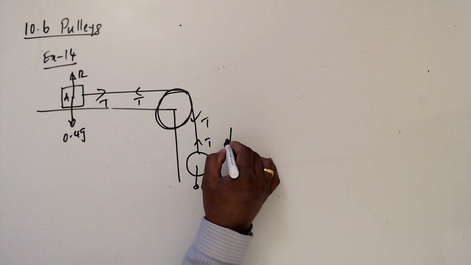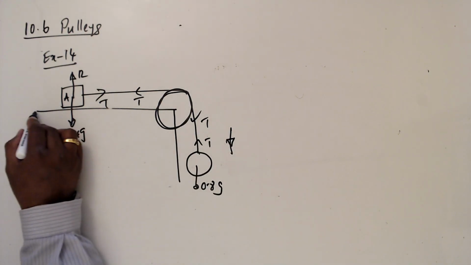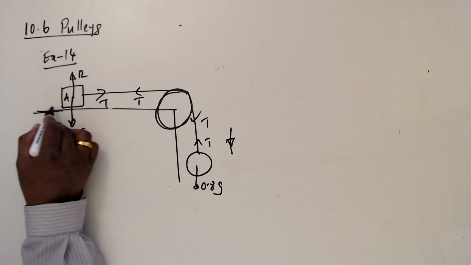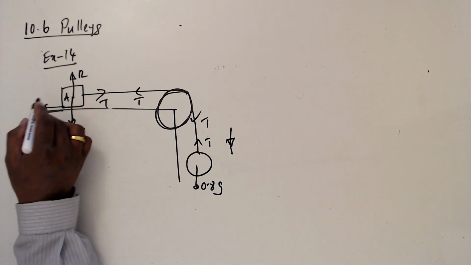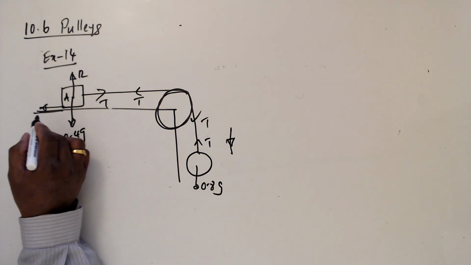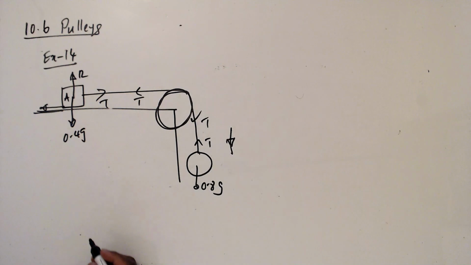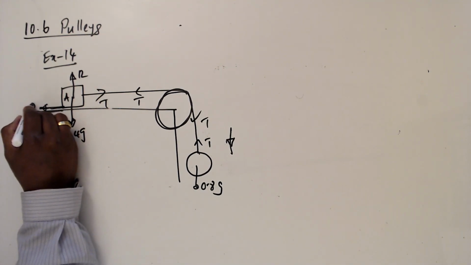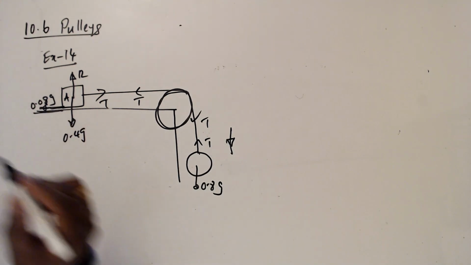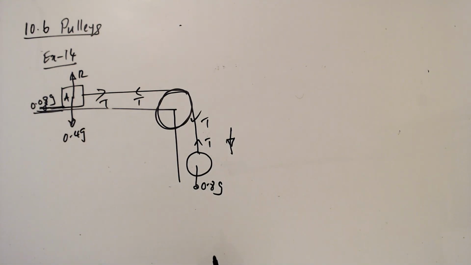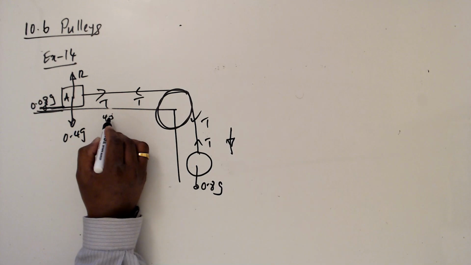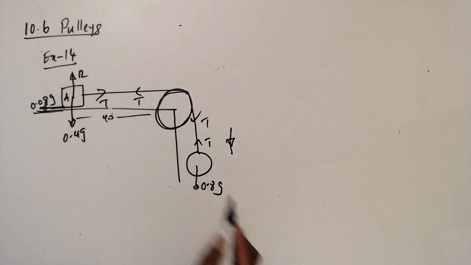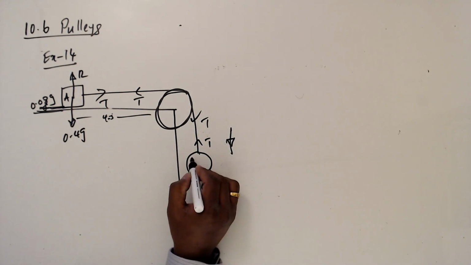This is moving in this direction, and as a result there is a resistance, which we call friction, 0.08 g. Now they will tell this point is 4.9 meters, and this is B particle.